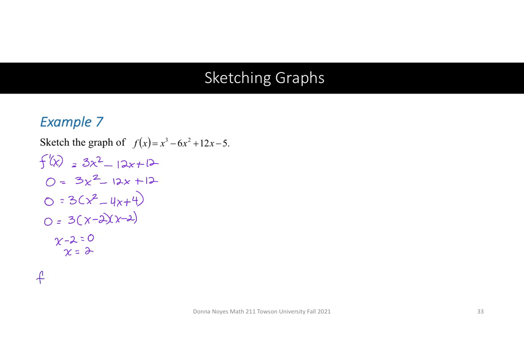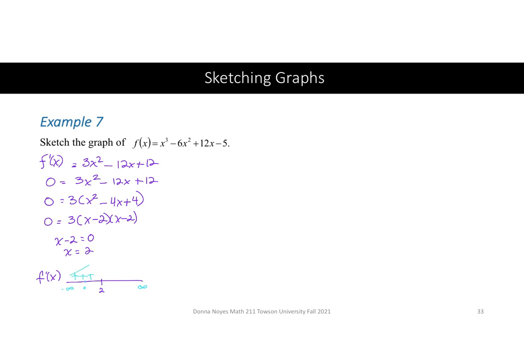So let's look at our f prime of x number line. If we look at 2, and we're going to test some values around it between negative infinity and 2 and 2 and infinity. Well, between negative infinity and 2, we can test 0. So if we plug 0 into our first derivative, we get 0 minus 0 plus 12. So that's positive.